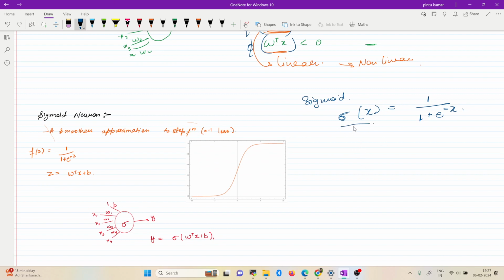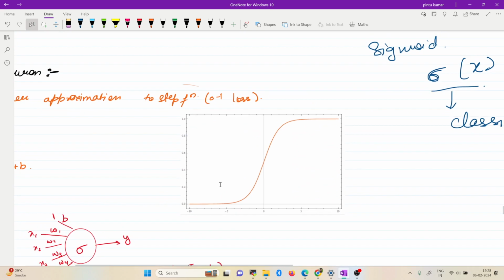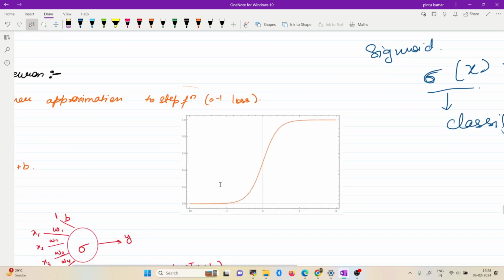This is generally used for classification purposes for two reasons. If you remember, this is the graph for the sigmoid function, with x on one axis and sigma of x on the other. If you look at your 0-1 loss function, when your input W transpose x is greater than 0 the value is 1, and for the other part it is 0, with a sharp increase or decrease based on the inequality you're using.